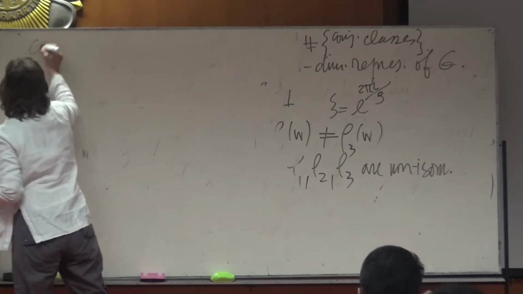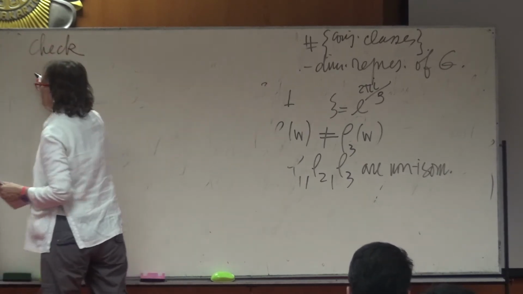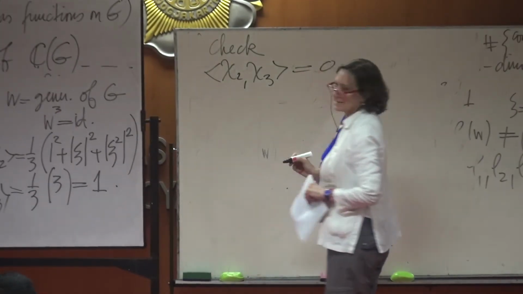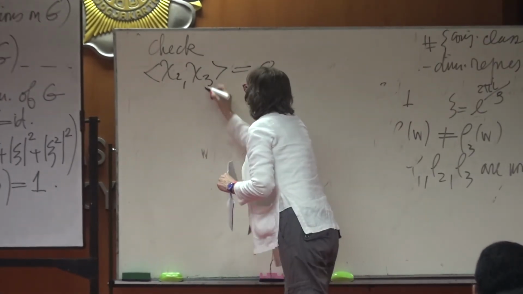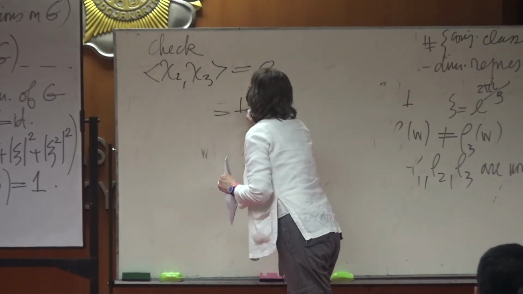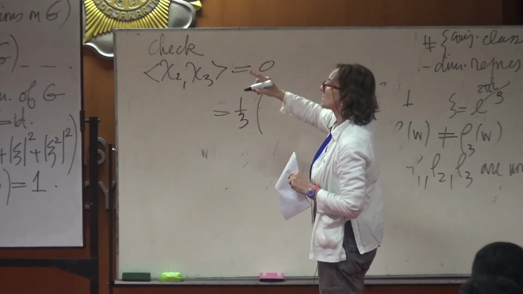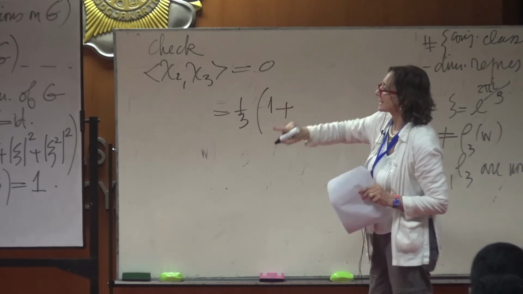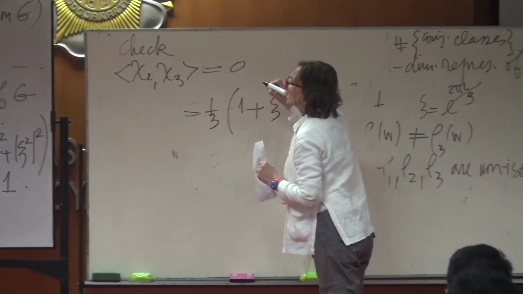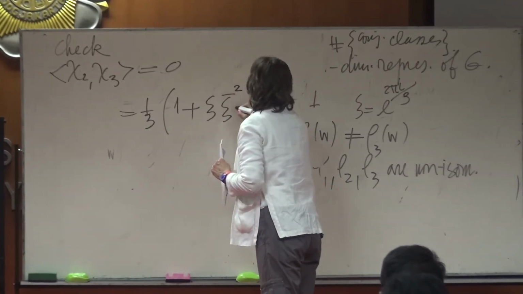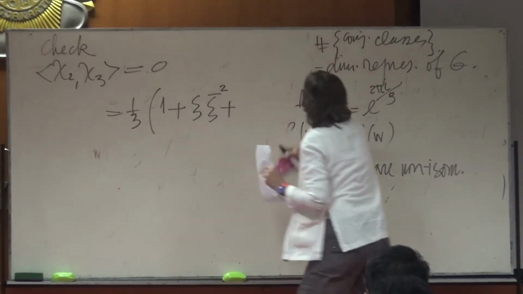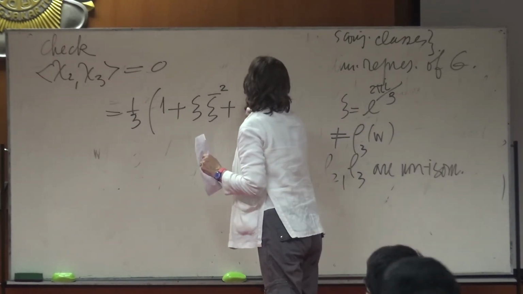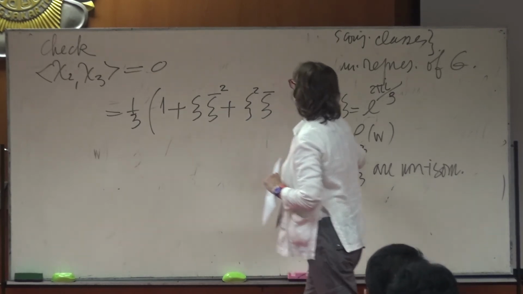Okay, check that, for example, psi 2, psi 3 is 0. But in fact, if you do the computation, this is 1/3 times 1 plus psi square, psi bar square plus psi square psi bar.